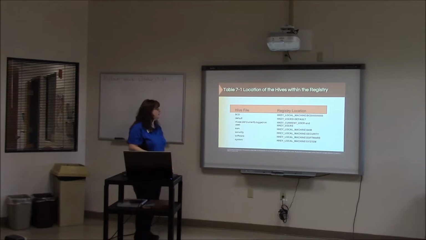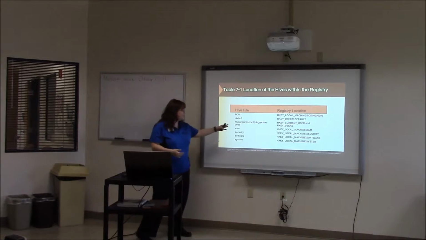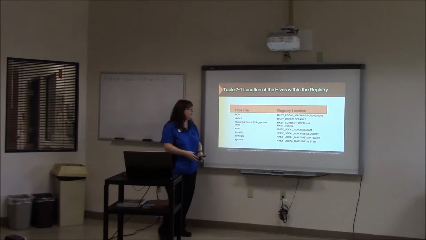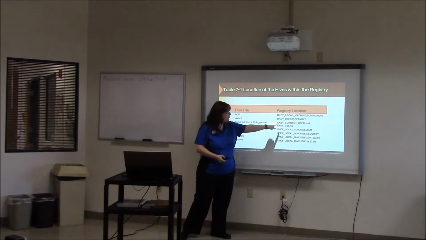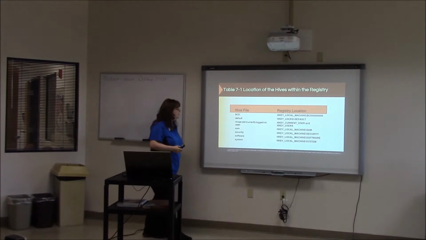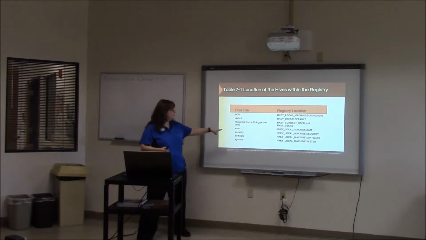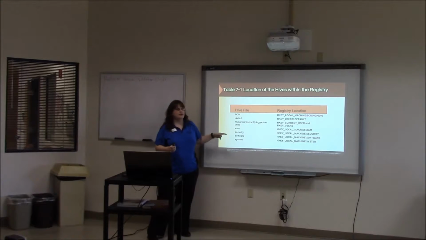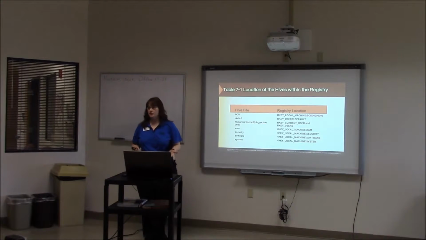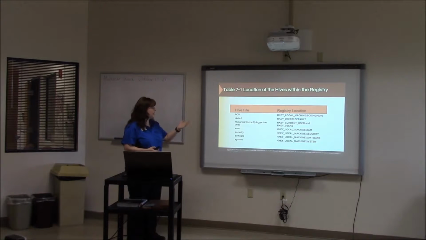So if you were looking for ntuser.dat, which is the current logged on user, it would be in the hive that's called current user or users. The SAM is where you keep things like account information and passwords. So the SAM is located in the SAM registry location.